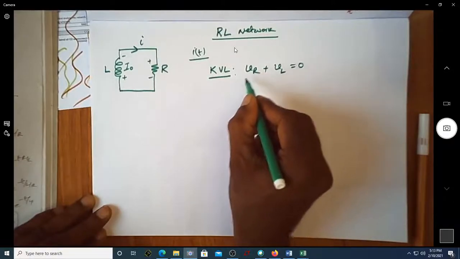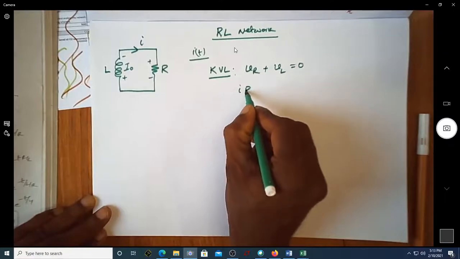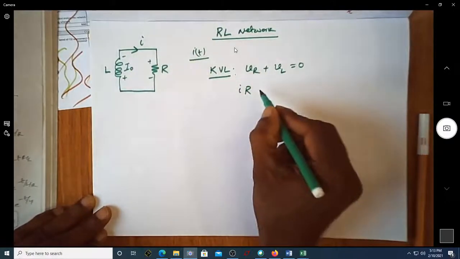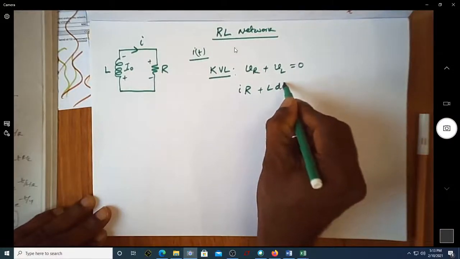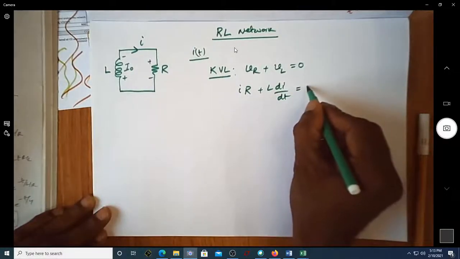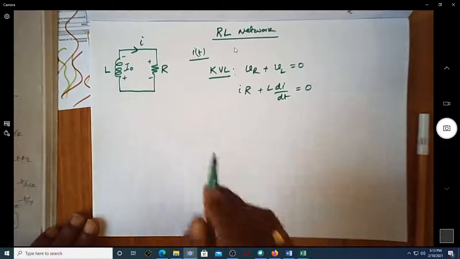I know that the voltage across the resistor is nothing but I into R, and the voltage across the inductor because of the current I can write as L di by dt, where L is the inductance of the inductor. So this is the second expression.